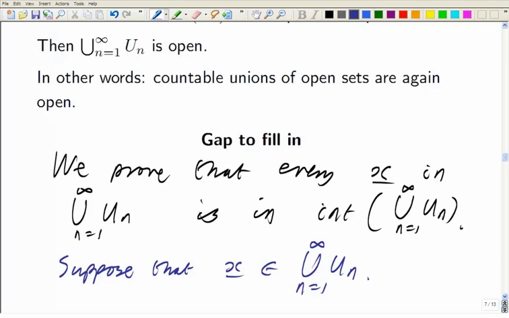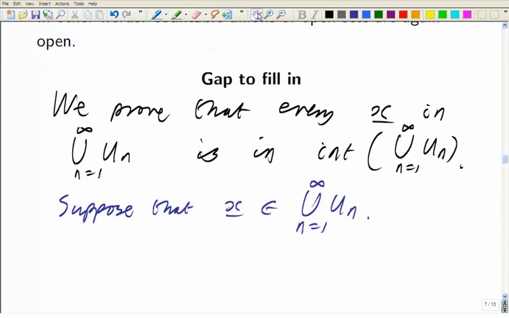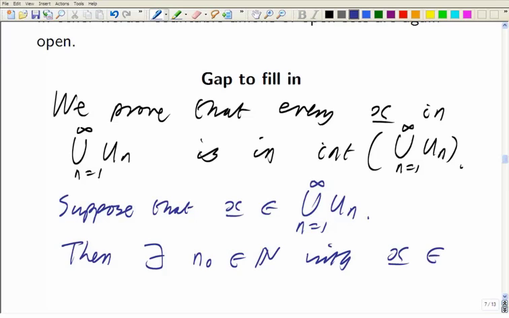Well, there isn't a lot of option at this point. We have to use the definition of union. If x is in this union, it means that it's in at least one of the sets. To be in at least one of the sets means that there exists some number n naught so that x is in that particular one. That's what it means to be in the union.